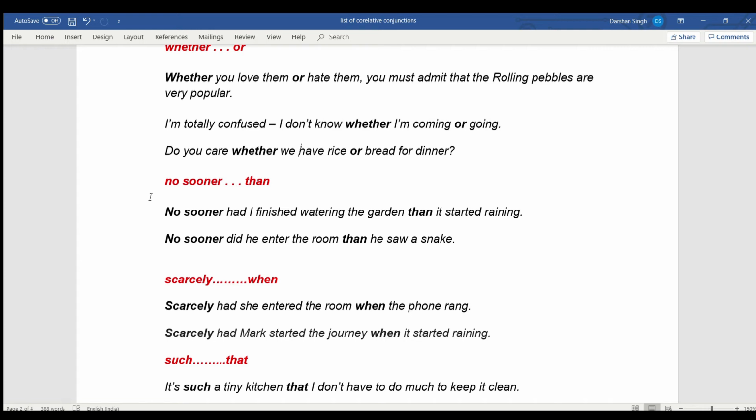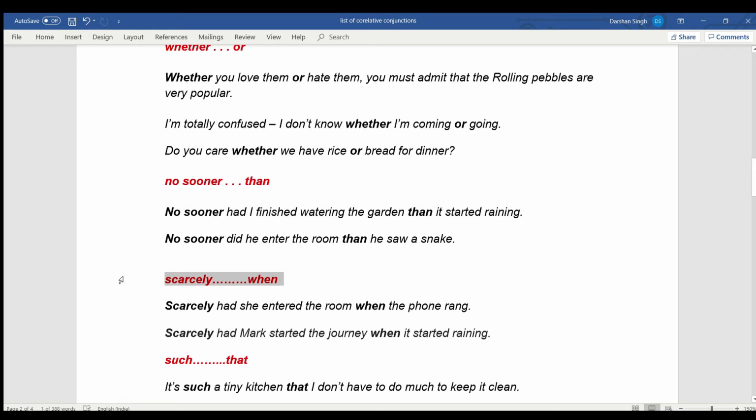That means you are comparing two persons, so you will use than. So then is used with time, than is used when you are comparing something. So, no sooner had I finished watering the garden than it started raining. Next one is, no sooner did he enter the room than he saw a snake.